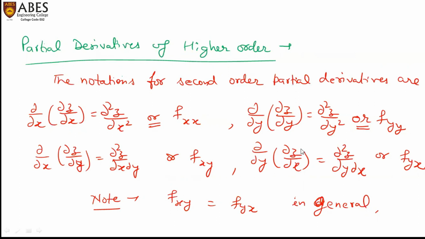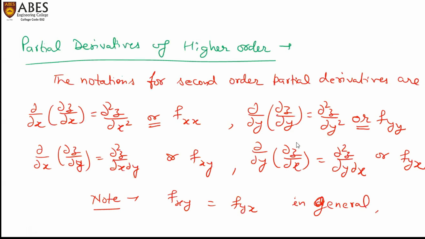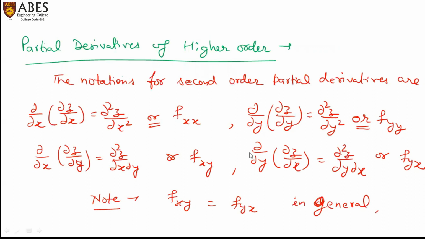And finally, if we differentiate del z upon del x with respect to y, then it is denoted by del 2z by del y del x, or f_yx. Correct. In general, these two, this one and this one, are both equal.